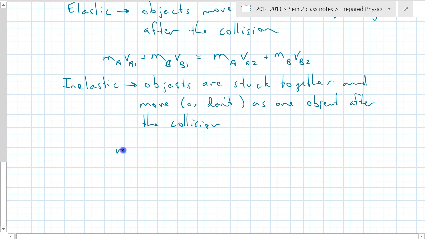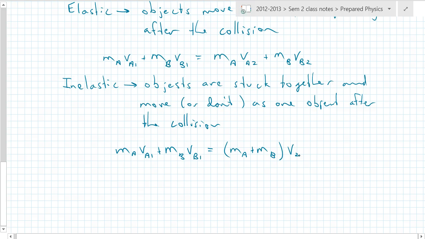And in that case, we'd have MAVA1 plus MBVB1 equals, and after the collision they'd be stuck together, so we'd have (MA plus MB) times V2.